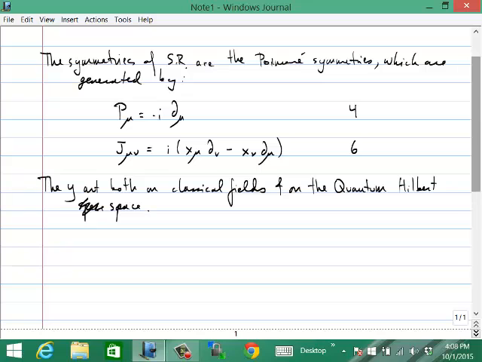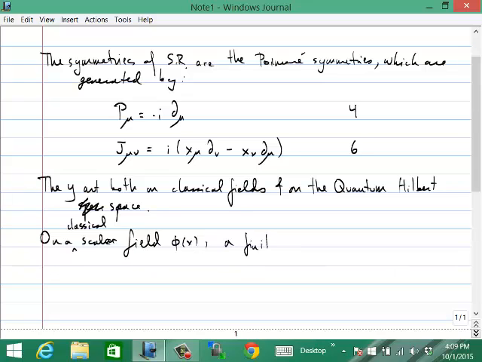So, for example, on a scalar field, and here I suppose I should say on a classical scalar field, so we have a scalar field phi of x.